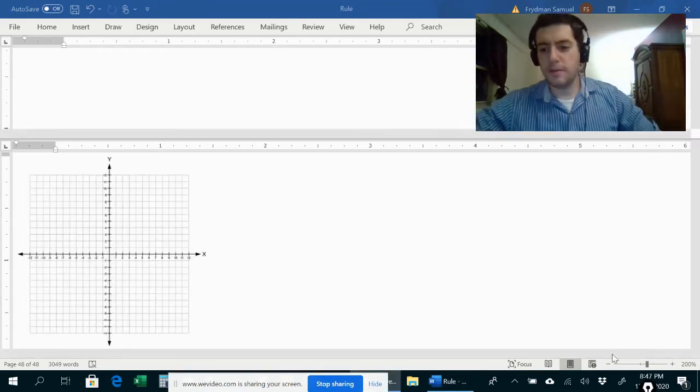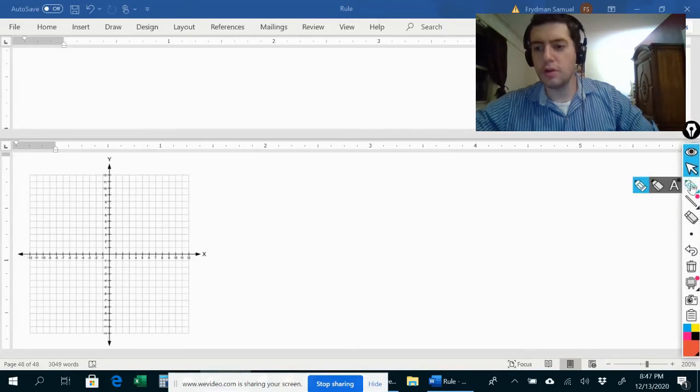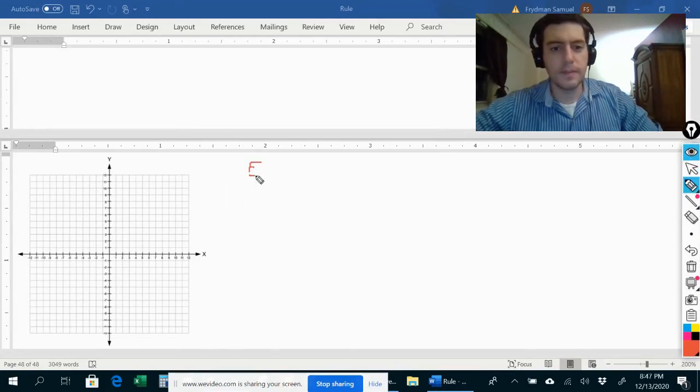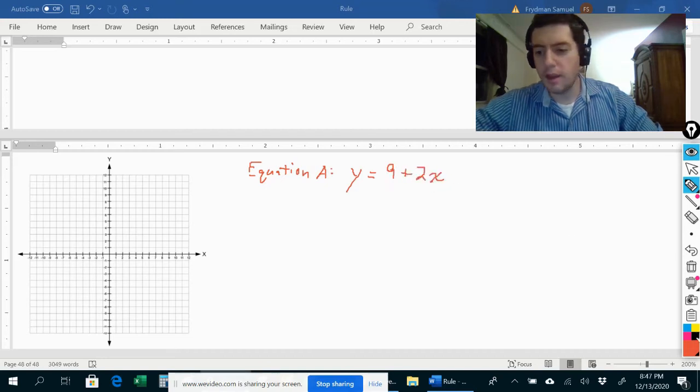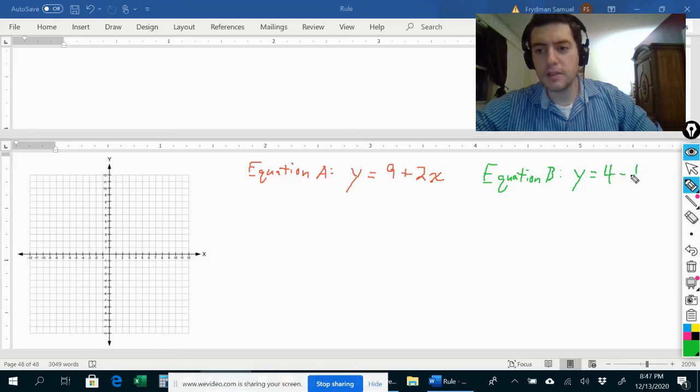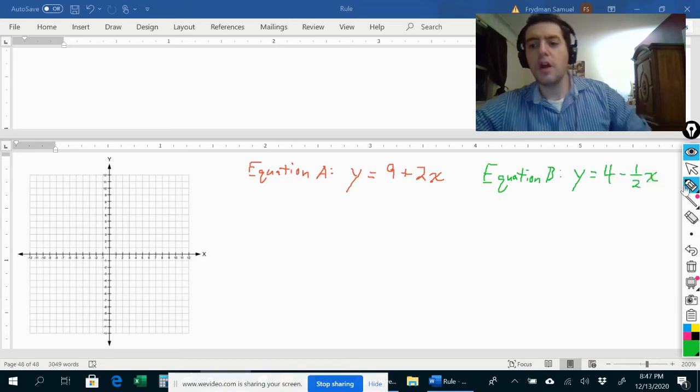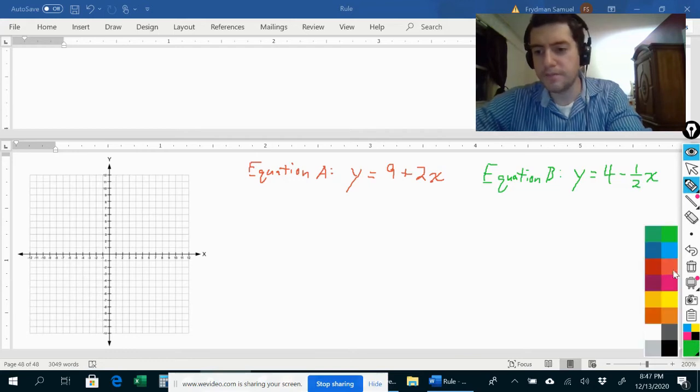Okay, so my equations were y equals 9 plus 2x, and the other one was, after we got it into slope-intercept form, y equals 4 minus 1/2 x. All right, so let's go ahead and graph these.